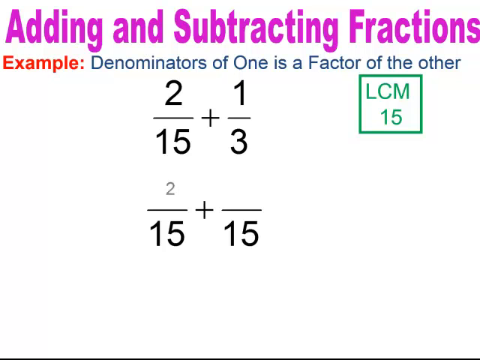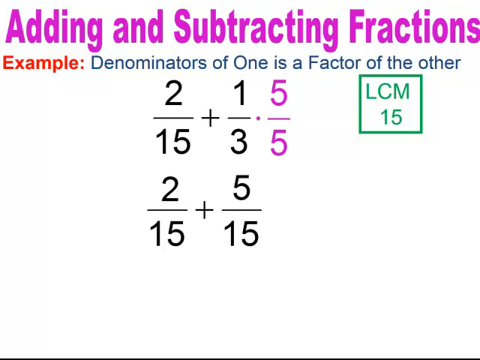Now notice in my first fraction, I have that denominator of 15, so I'm just bringing the numerator down. In my second fraction, I need to convert that 3 to be a denominator of 15, so I'm going to multiply 3 by a number that gives me 15, and that's going to be 5. Now, whatever you multiply the denominator by, you have to multiply the numerator by, so that you're converting the fraction but not changing the value of the fraction.